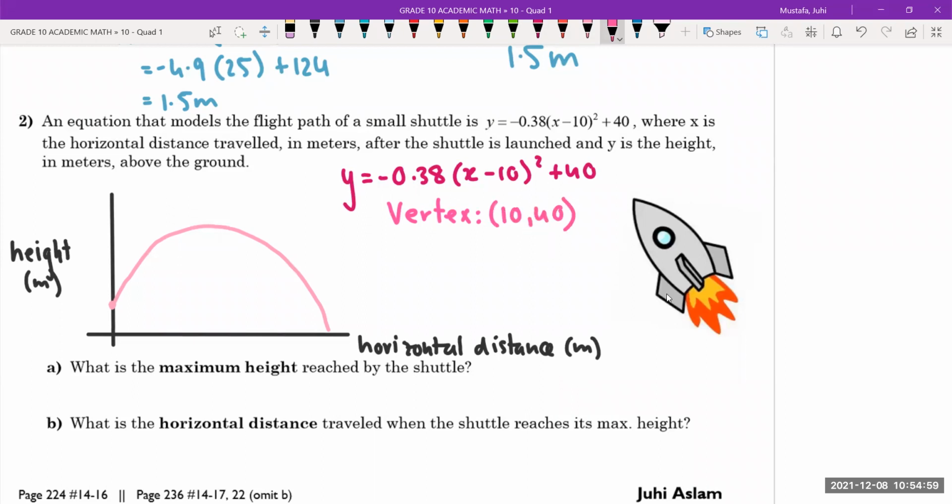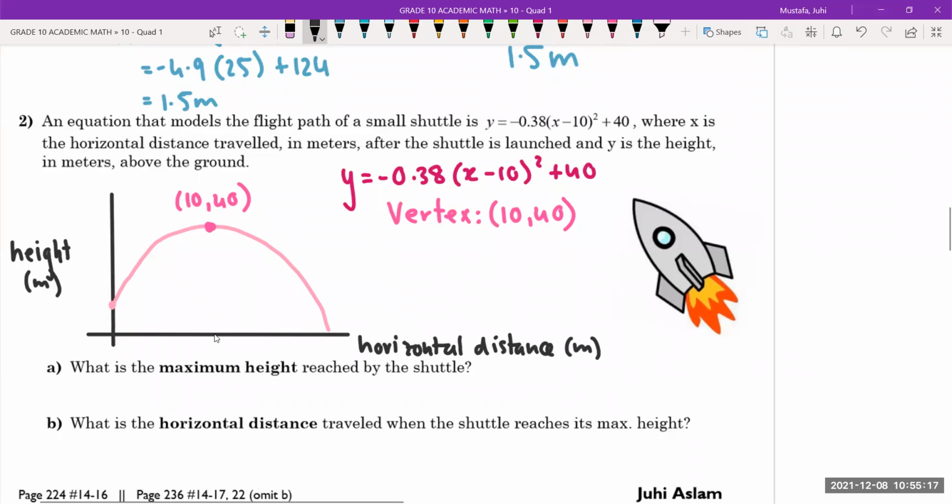Excellent. 10 and 40. So that point that we have just calculated is this one right here. This point is (10, 40). It's the vertex. Well, what does it mean in terms of the numbers?